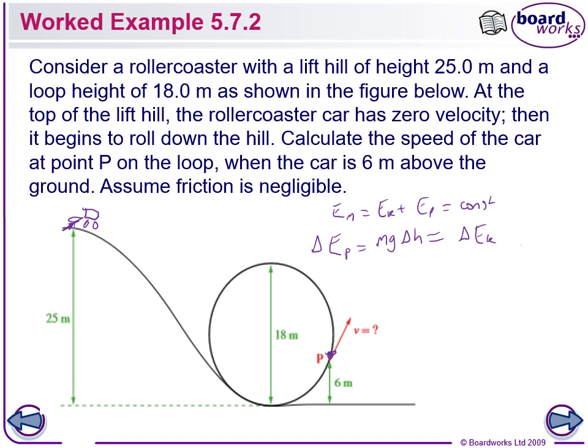So our change in gravitational potential energy is going to be the mass of the car. Do we know that? No, we don't. So in that case, we need to be a little bit cute here. So mg delta h is going to be equal to our change in kinetic.